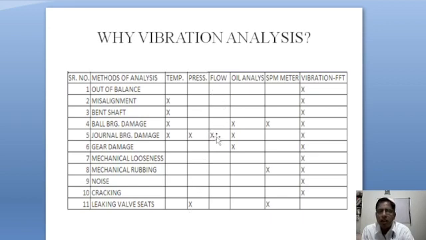Flow analysis can detect only 1 type of fault, and oil analysis can detect 3 types of fault. But vibration analysis is capable of handling 10 types of fault out of 11, and that is why vibration analysis is considered the most popular and comprehensive condition monitoring technique.